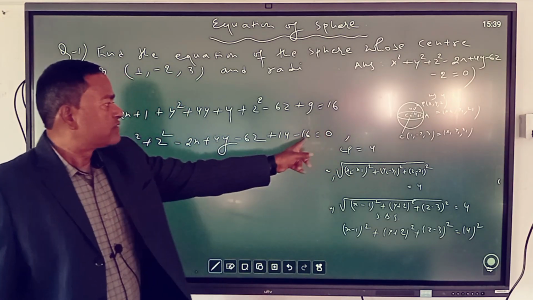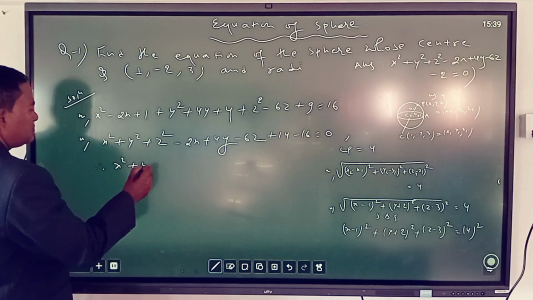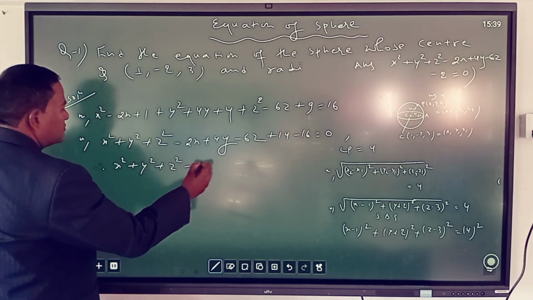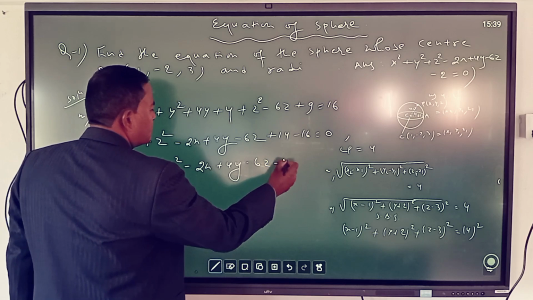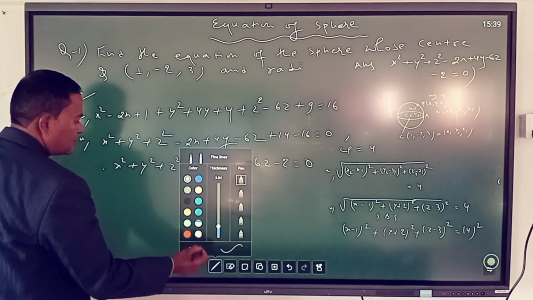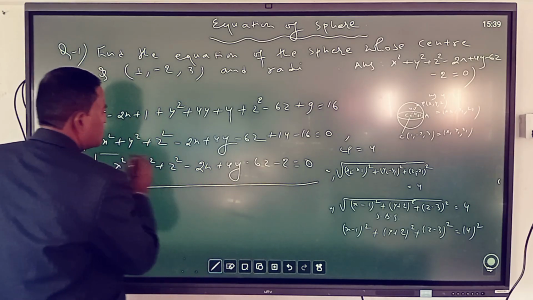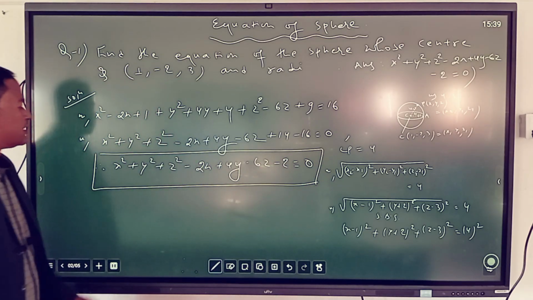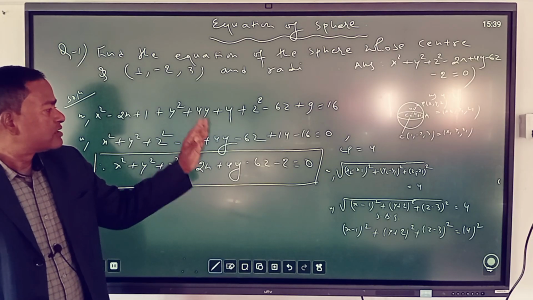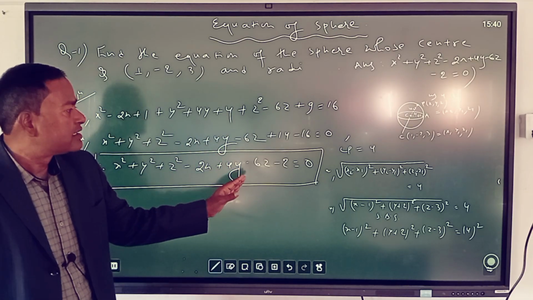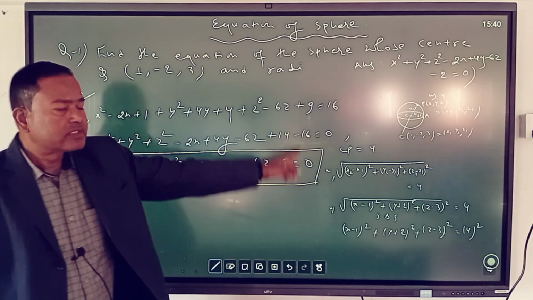And if we move 16 to the left hand side, then it will be minus 16. So x square plus y square plus z square minus 2x plus 4y minus 6z, and minus 16 plus 14 means minus 2, equals to 0.